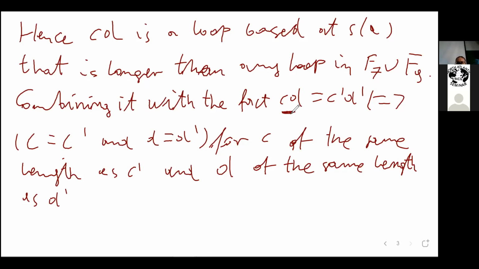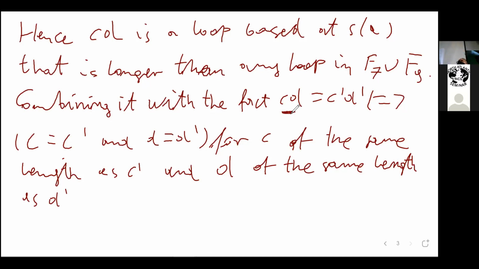But then this holds if I have CD equals C prime D prime. If I can imagine that I can present my longest loop CD as another longest loop C prime D prime. Okay. That there is another presentation of CD. It's the longest loop, but it also appears in my sum under a different incarnation.